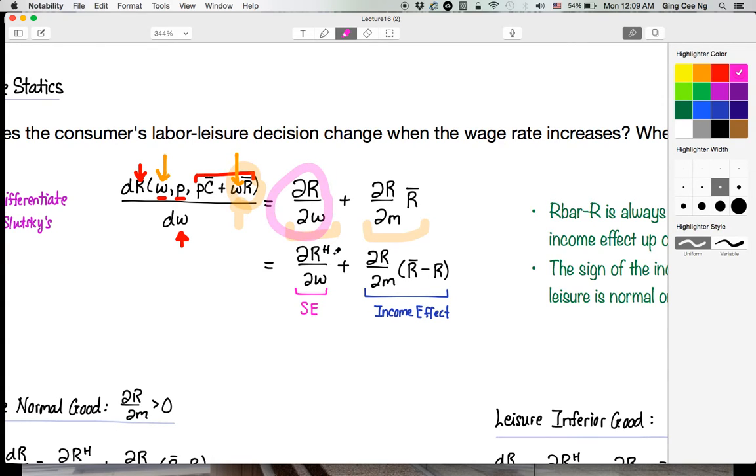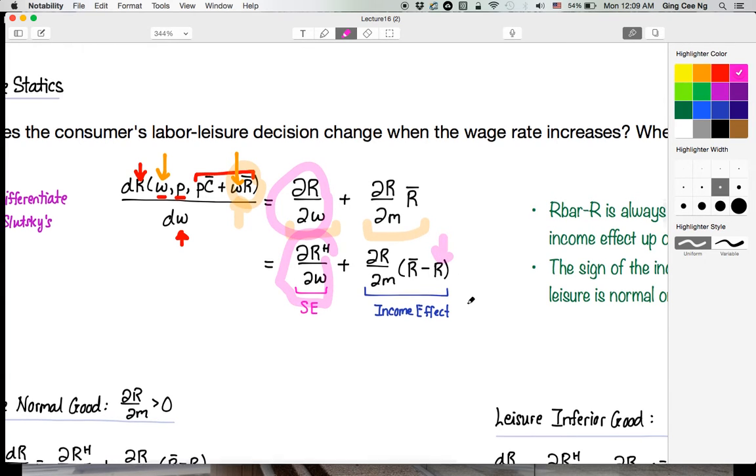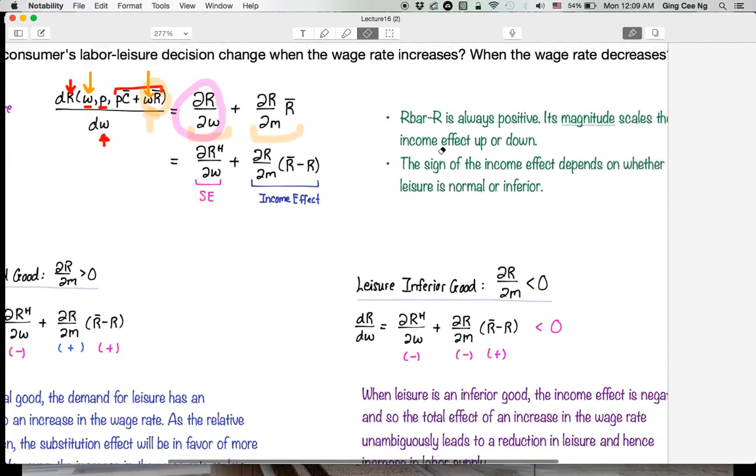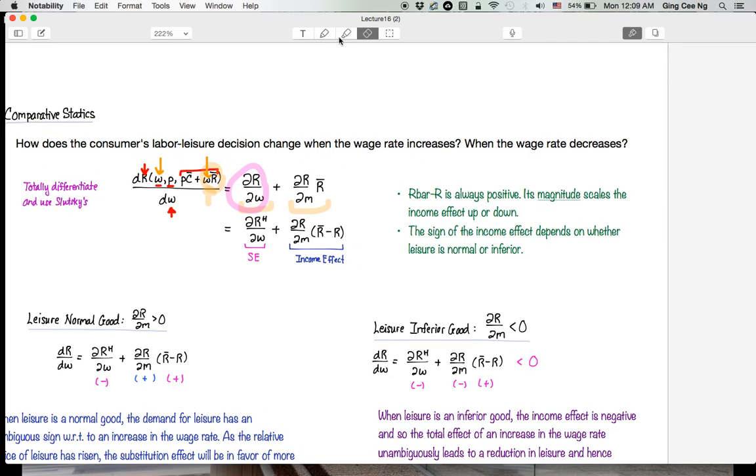And that's where we get this Hicksian demand, which is our pure substitution effect, and then we pick up this additional term here. So the final product, okay, is this thing.